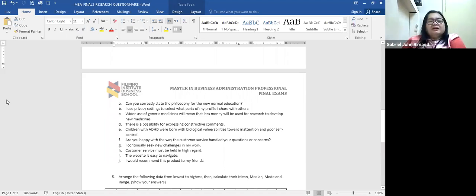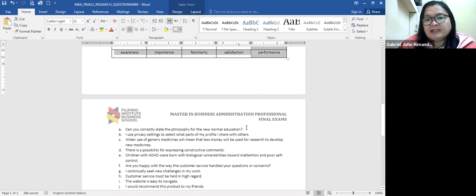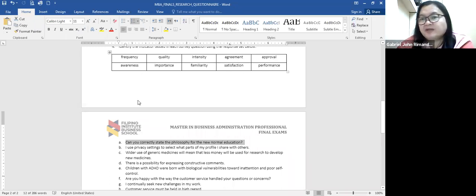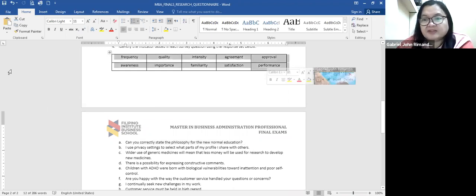So, what are these statements and questions for? For example, letter A, can you correctly state the philosophy for the new normal education? What is being tested in this question? Is it frequency, quality, intensity, agreement, approval, performance, satisfaction, familiarity, importance, or awareness? So your answer will be based on these indicators.